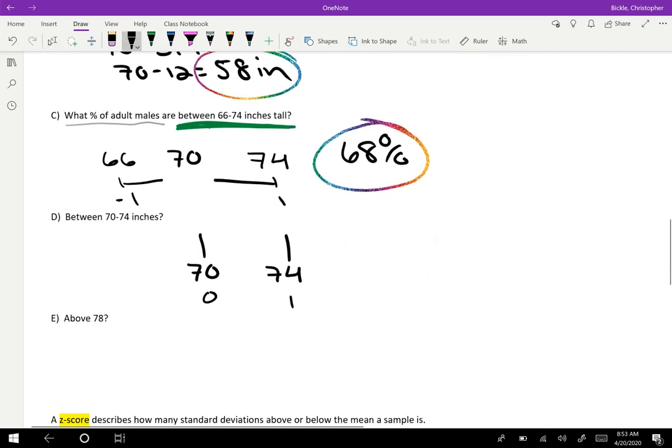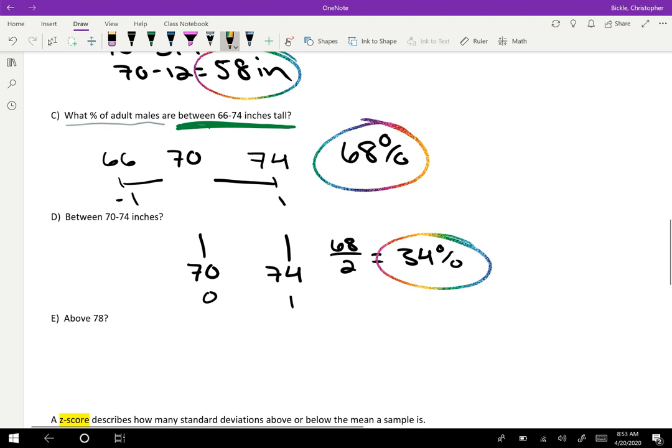So we knew from the last one, from the empirical rule, that that entire interval was 68, but we only had half of it. So we want 34% of our data falling there. So again, if there were 100,000 people that we went through and 34% of them fell in there, then we're going to look at 34,000. It's going to be between 70 and 74 inches, okay?